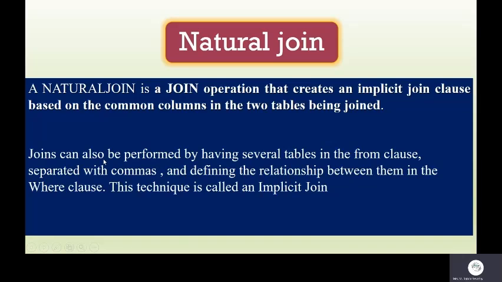So these are the three clauses by which a query can be designed: the FROM clause, the separation done with commas, and the relationships maintained by using the WHERE clause. It is called an implicit join.